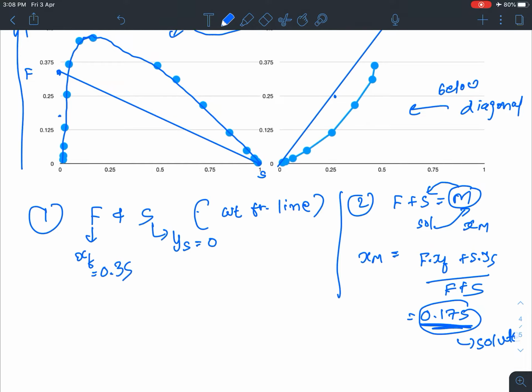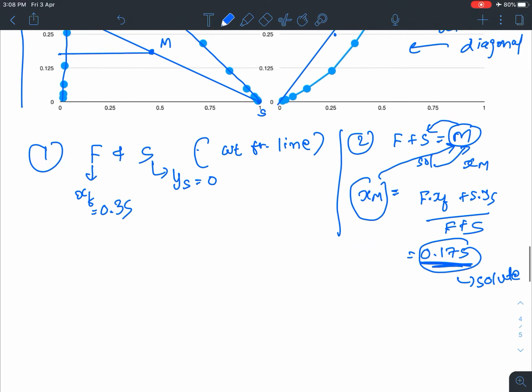Yes, let us assume that this is our M point. So this is our second step: based on this xm calculation we have to mark this M point on the FS line. Now, I told you the importance of this M point is to find out raffinate and extract.